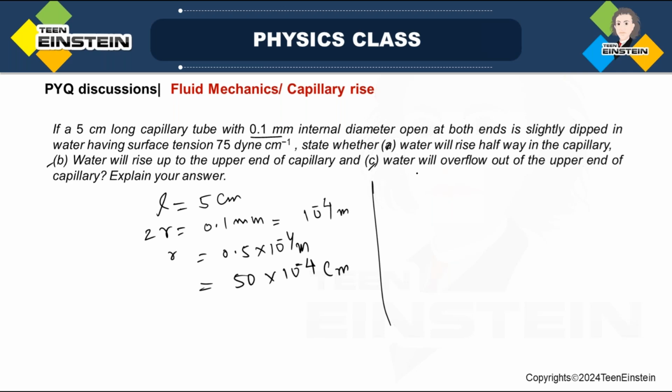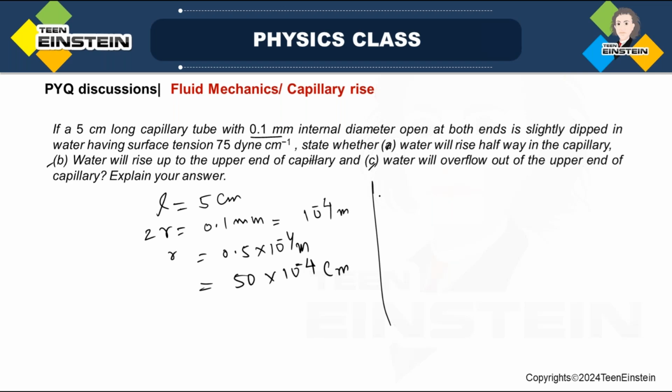And third option is water will overflow out of the upper end of the capillary. Explain your answer. That means there are three options: whether the liquid will rise inside the capillary halfway, or it will rise up to the upper end, or you have to explain whether it is getting overflowed.